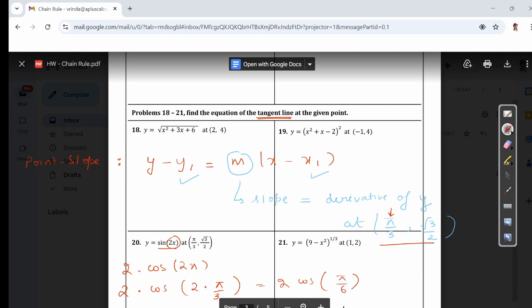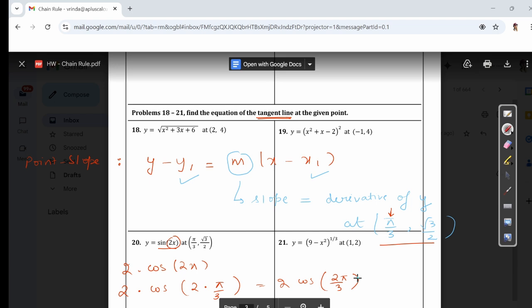Wait, how is it pi by 6? I thought it would be 2 times pi over 3. Oh, yeah, sorry, my bad. 2 pi over 3. You're right. And so that's equal to negative 1/2.